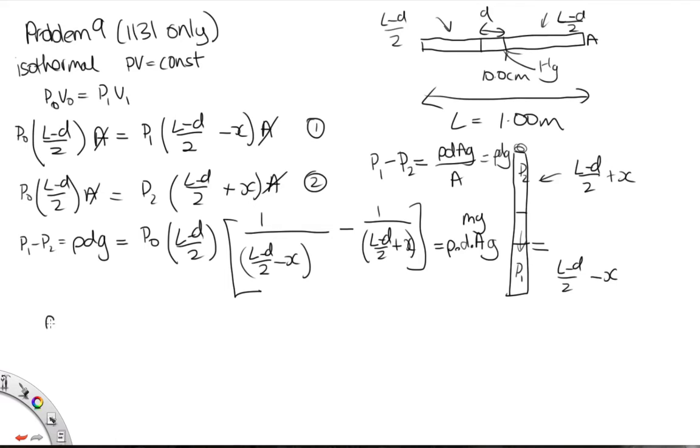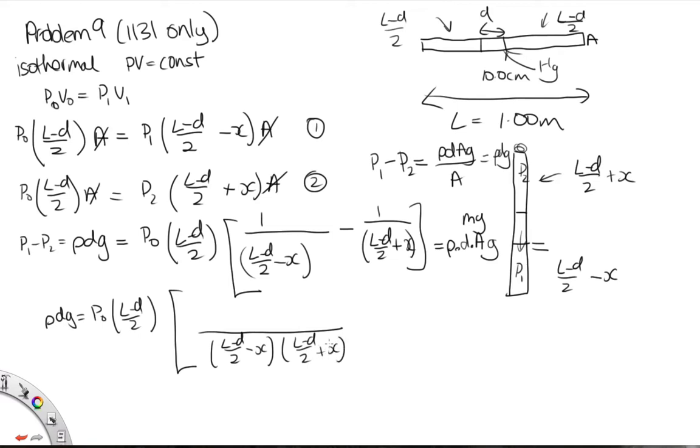So we've got rho d g is equal to P0 (L - D)/2. Now we want to solve this. Let's put a common denominator, ((L - D)/2 - X)((L - D)/2 + X), and on the top ((L - D)/2 + X) minus ((L - D)/2 - X), because we've got negative, negative. So these cancel out and we've got 2X on the top. Now we can make an approximation because we know that X is less than (L - D)/2, and it should be quite a lot less.